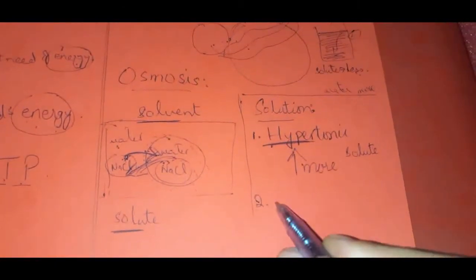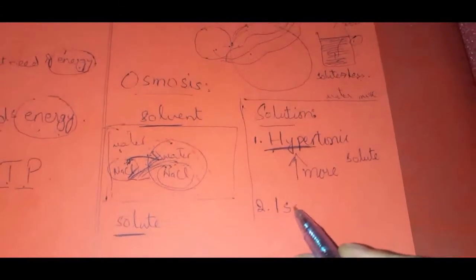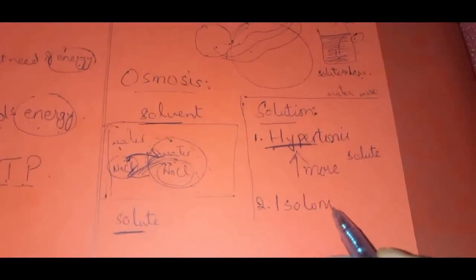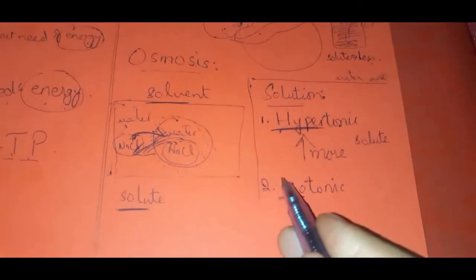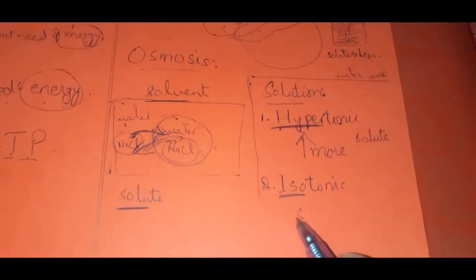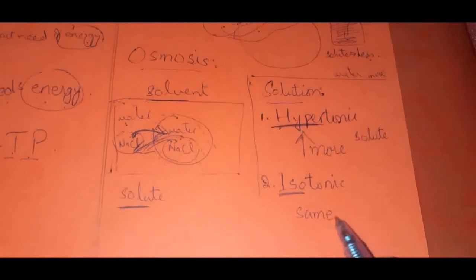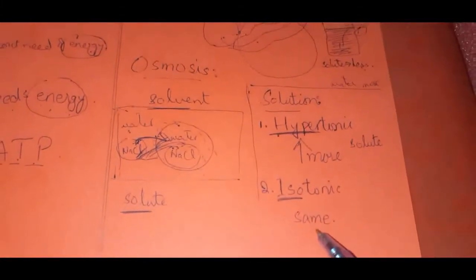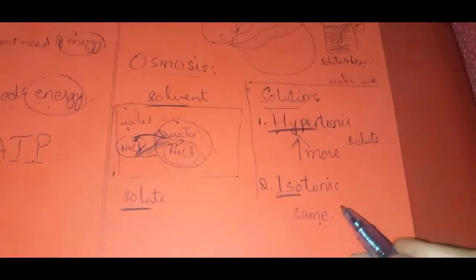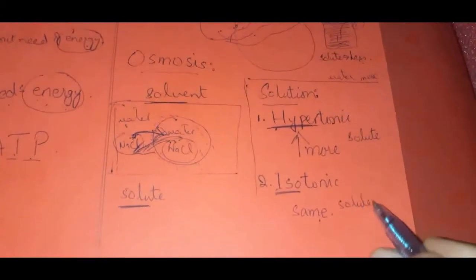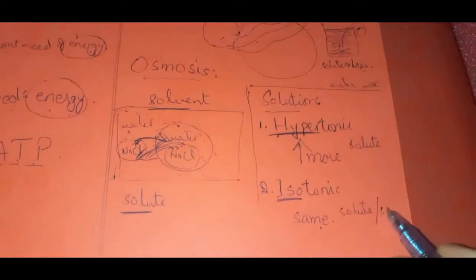Second is isotonic solution. Now look at the word iso. Iso always means same. So that type of solution which has the same concentration of solute as the concentration of solvent.